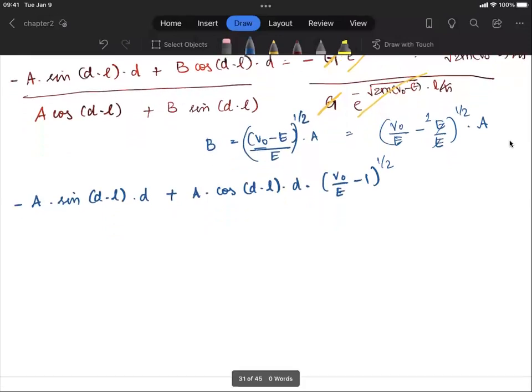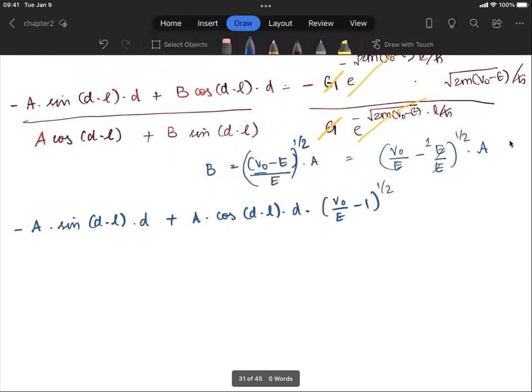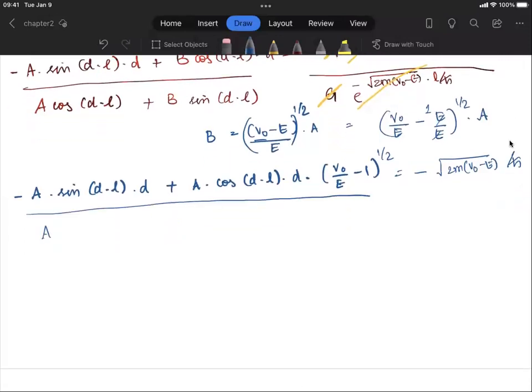So it should be equal to negative root 2m (V0 minus E) over h bar. I'm going to divide this by this part. It's going to be A cos D times L plus A sine D times L times V0 over E minus 1 to the power half.